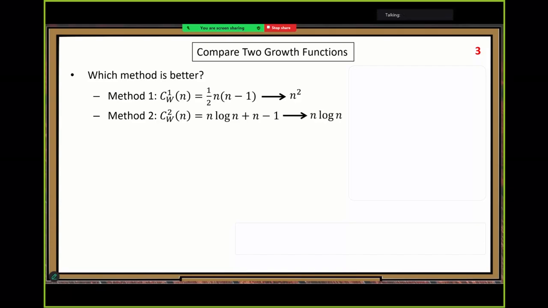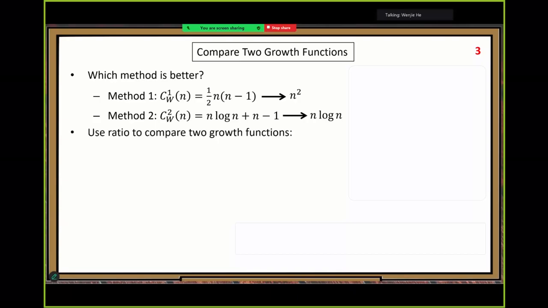So the next question: we need to compare these two growth functions, to tell us which algorithm is faster and which is slower, so we can make our decision. Should we choose the second one or the first one? So let's do the comparison.